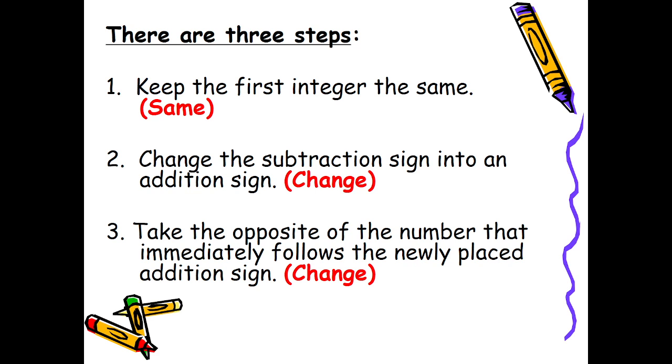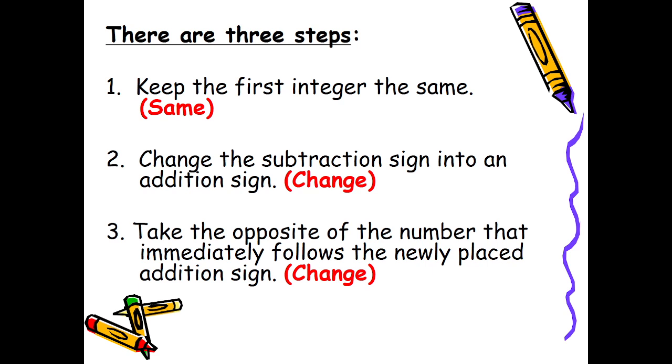And our third step is to change or to take the opposite of the number that follows the addition or the plus sign. So we just need to change it. So if it's positive, we change it into negative. If it's negative, we change it into positive. So again, the keywords are same, change, change for the 3 steps.